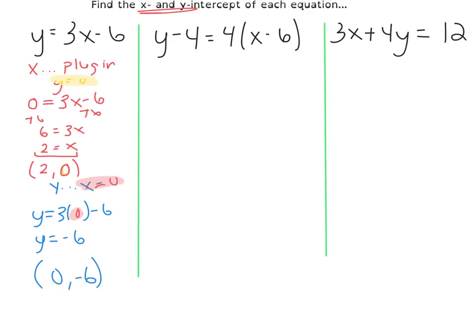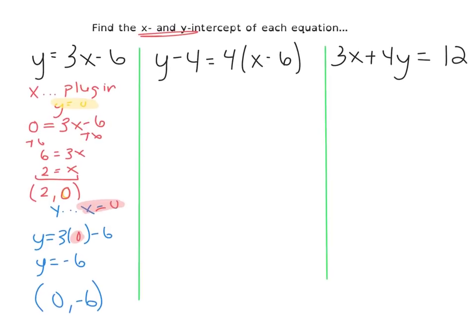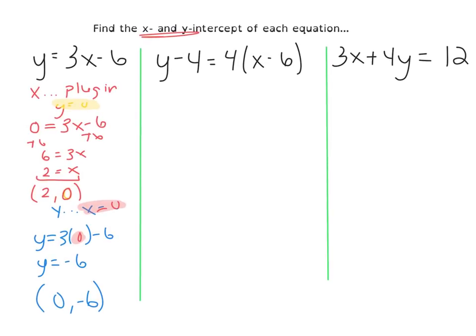So just a few more examples. The one in the middle here is the equation y minus 4 equals 4 times x minus 6. We don't know what that equation looks like, but we can still find the x-intercept. Again, to find the x-intercept, we're going to let y equal 0. So 0 minus 4 should equal 4 times x minus 6.